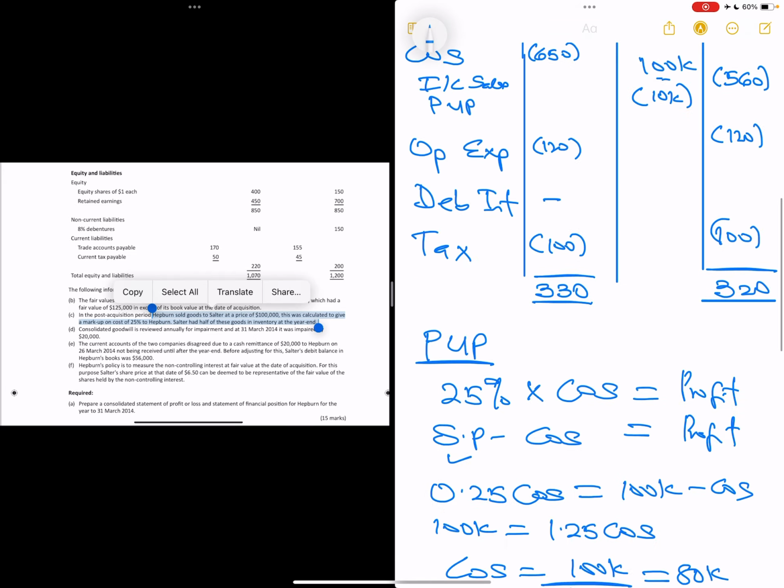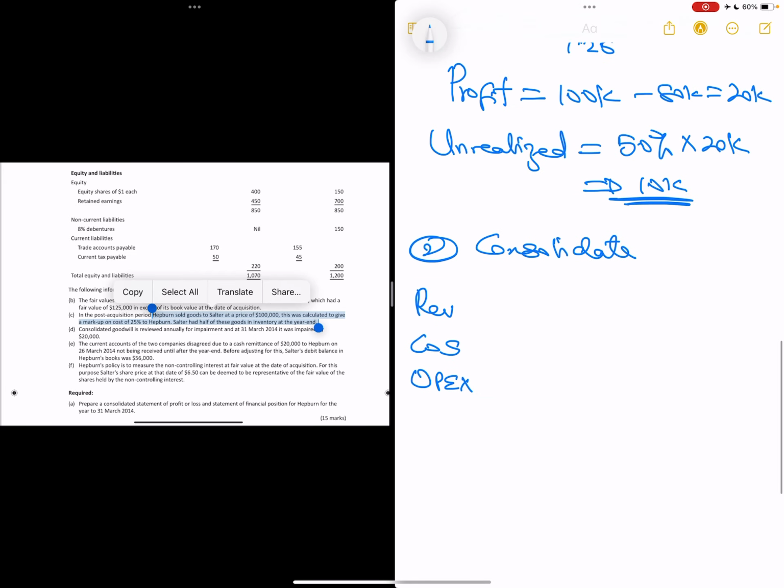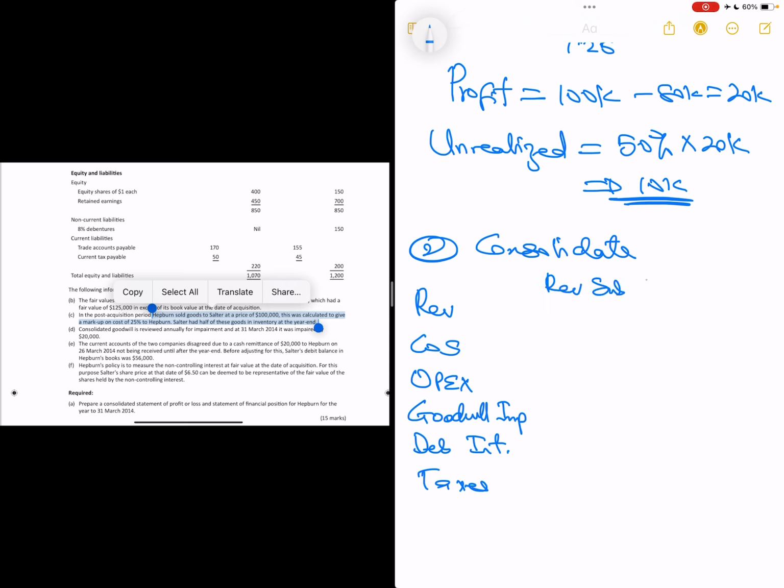It's a different line, so I'll bring goodwill impairment here. Debenture interest as well. Then we have taxes. So now we're going to have revised subsidiary, revised parent, and we'll have group, which is the addition of the two.